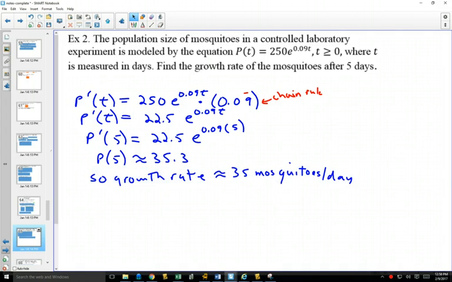Now, you can't have 0.3 of a mosquito, so we could say that the growth rate is approximately 35 mosquitoes per day at that moment. And that's a rate of change.